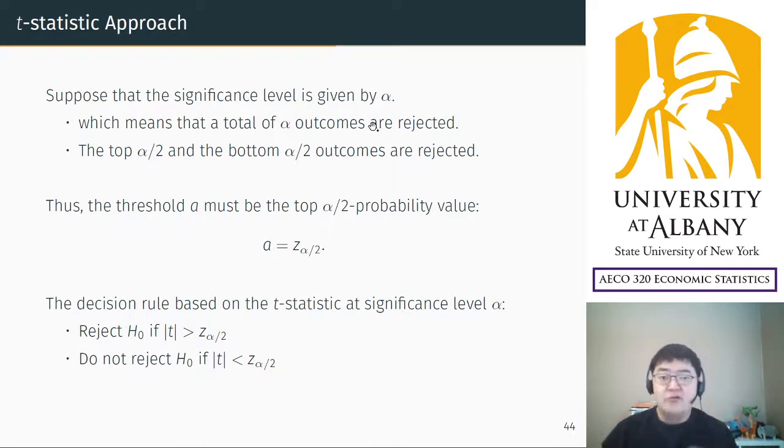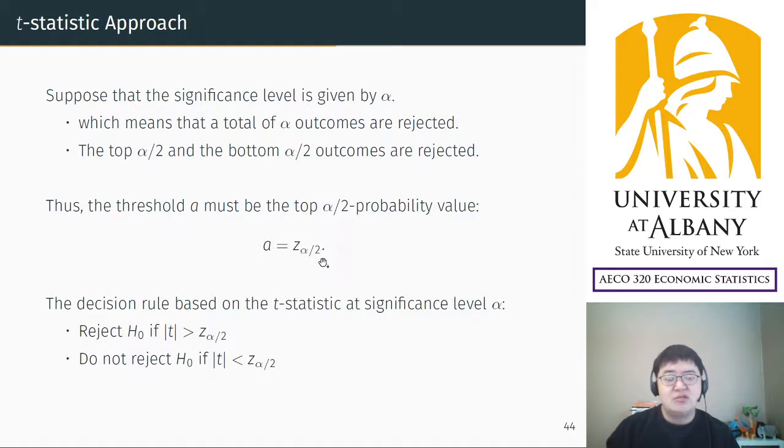Then from now on, we use the same method that we learned in chapter 6, the normal distribution chapter, and chapter 8, the confidence interval chapter. Remember, the top alpha over 2 probability value was denoted z subscript alpha over 2.